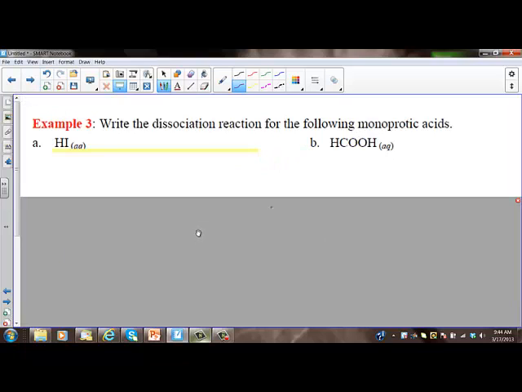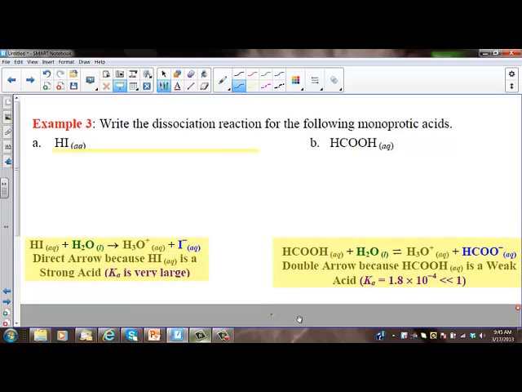If we were to write the dissociation reaction for the following monoprotic acids. So they want you to write the dissociation reaction. So this is HI in water, and it's simply going to H3O plus and I minus. See, this is a direct arrow because HI is very strong, so Ka is very large. It's going to ionize 100%.